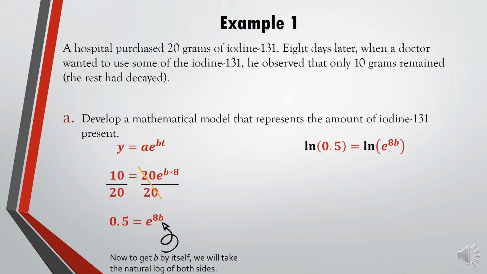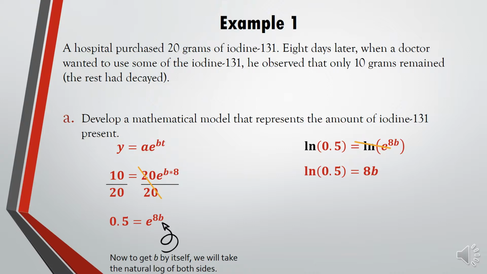All right, now I told you before that natural log and e are opposites or inverses, so they're going to cancel each other out. All right, and then 8b is going to come out of the exponent, and you're just going to have natural log of 0.5 equals 8 times b. Now, natural log is a button on your calculator, so you may want to pause the video and take a second, find your natural log button.